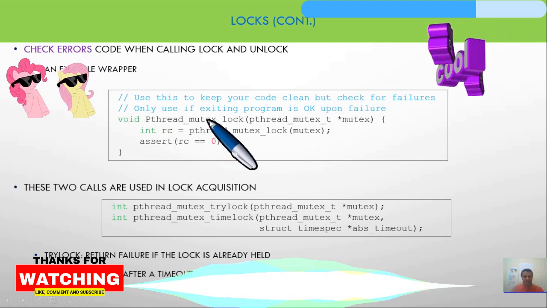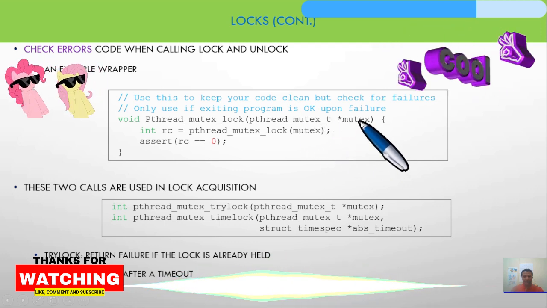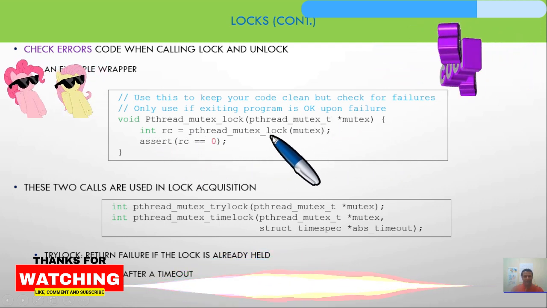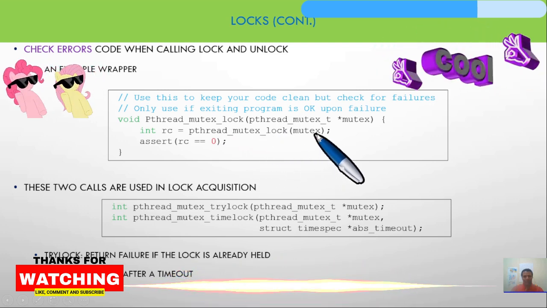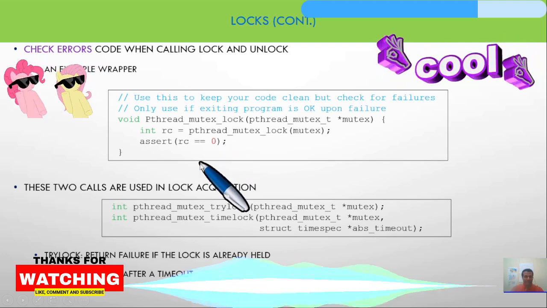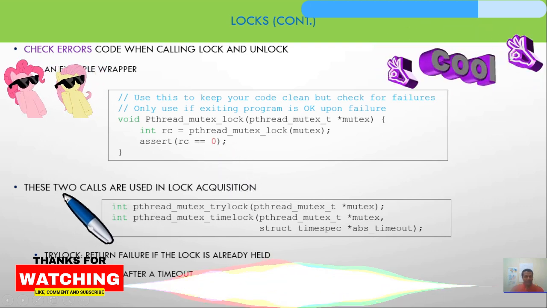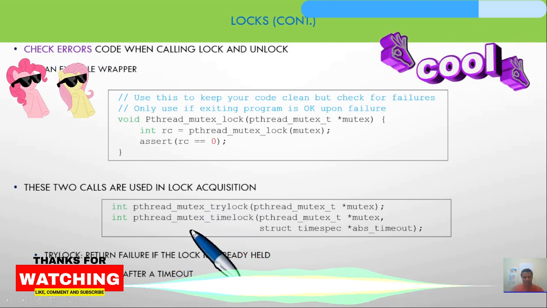So we have pthread_mutex_lock(&mutex), then assert that the return is 0.